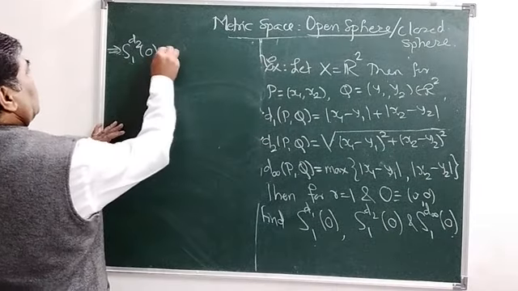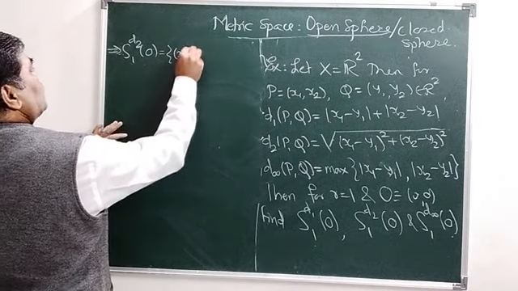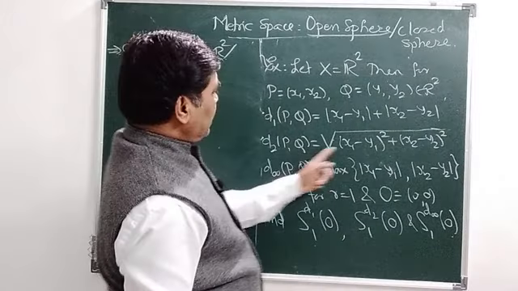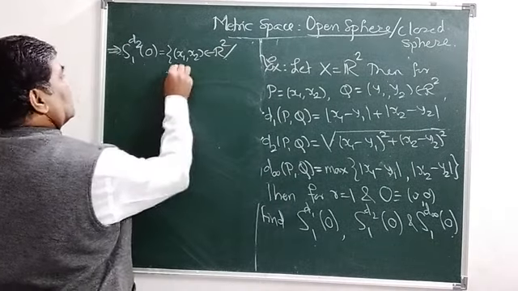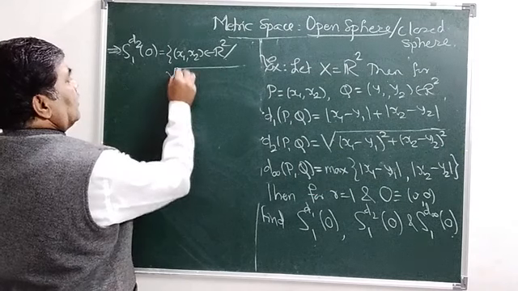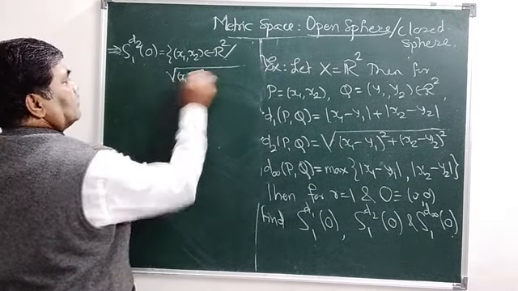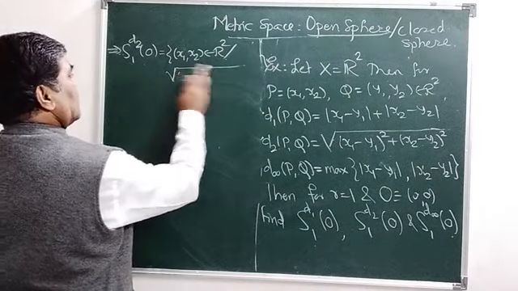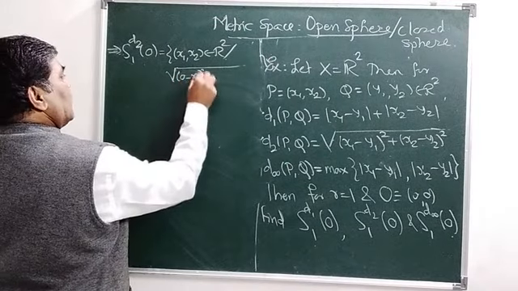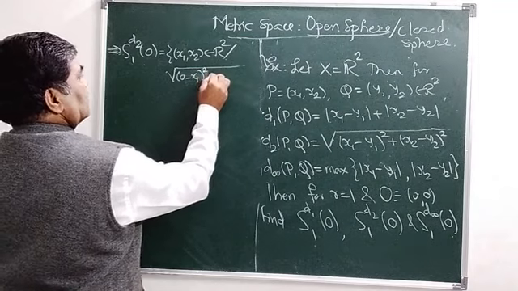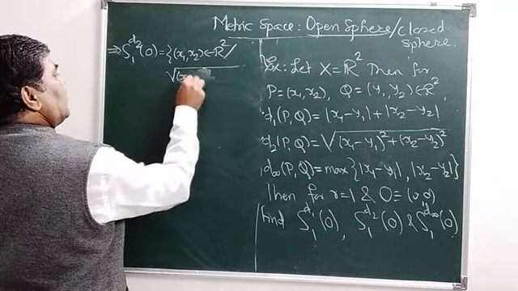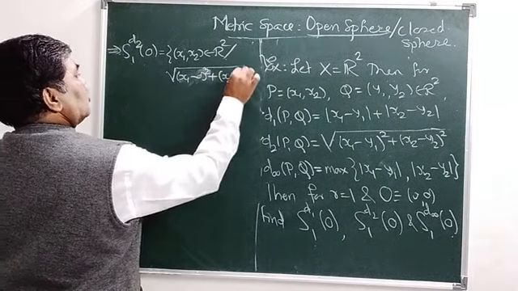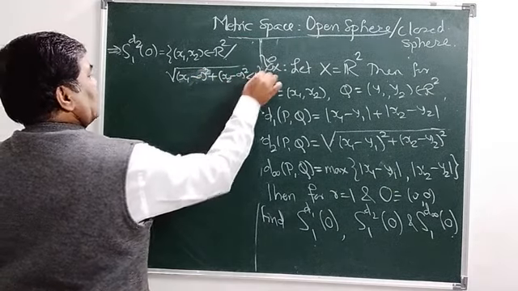S1 D2 at 0 is the set of (x1, x2) belonging to R2 such that D2 of PQ, which is the square root of (x1 minus 0) squared plus (x2 minus 0) squared, is less than 1.